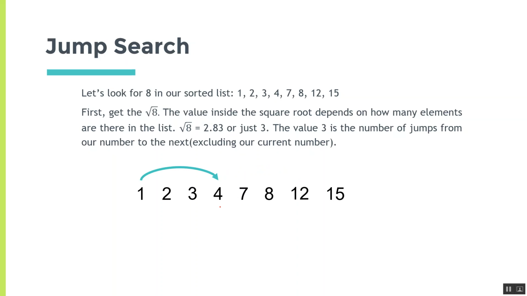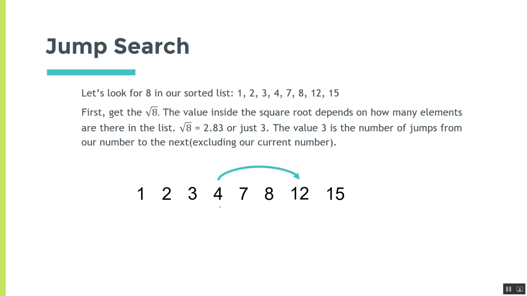I forgot to tell you. Okay, so sorry. So you jump from 1 to 4. Now if 8 is not equal to 4, we will check if 8 is greater than or less than 4. Since 8 is greater than 4, then we will jump again to the right, another jump.